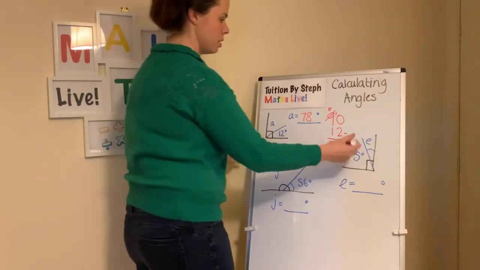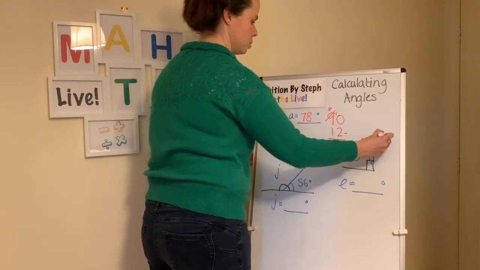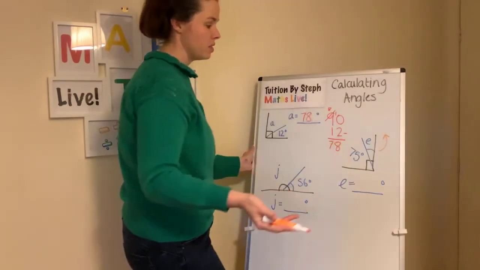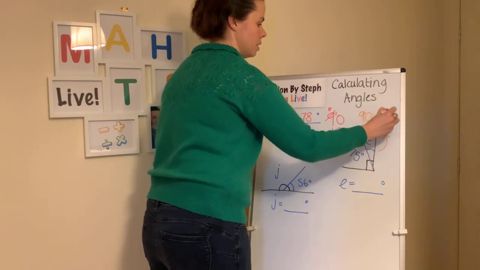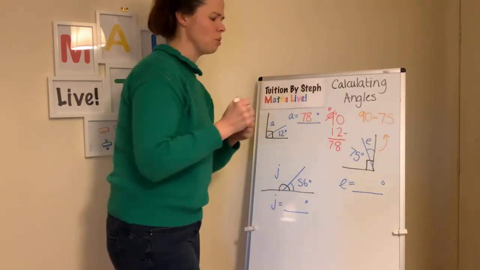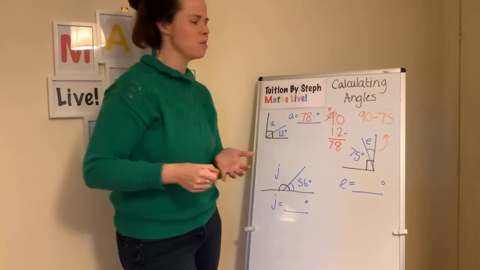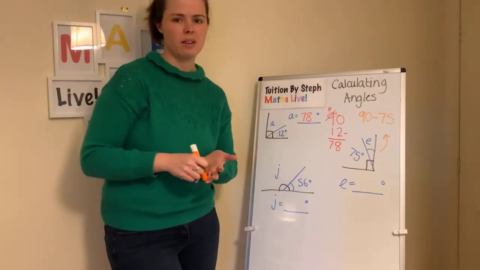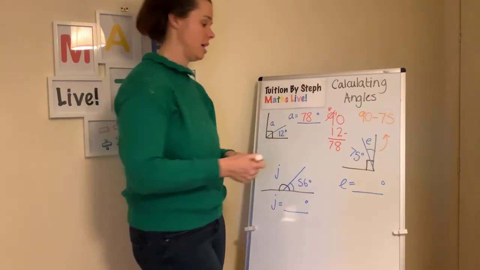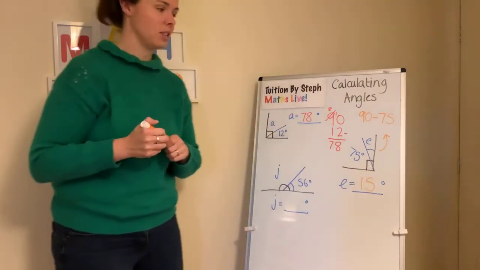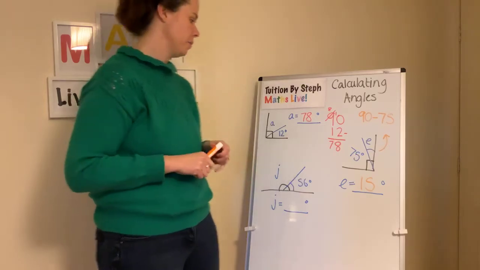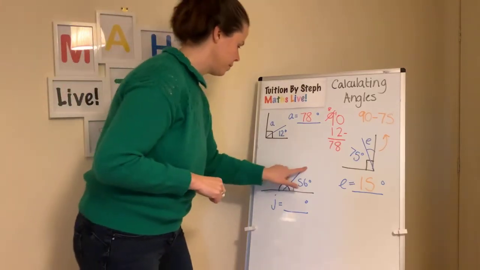For this one, it's 75, so it's 90, take away 75. And this one you could do column method, but I think you could count up with this one because you know if you add 5 it makes 80, and if you add 10 it makes 90. So that one is 15 degrees because it's still at 90, remember it's a right angle.